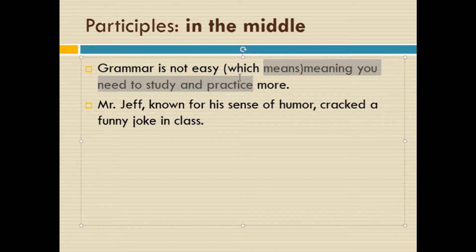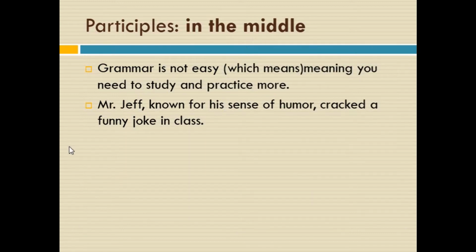So I ignore this. Instead of that, I use this, meaning. You see this a lot, and the reason it has an ing again is because the grammar is the subject of both sentences. This part of the sentence and this part of the sentence, alright?